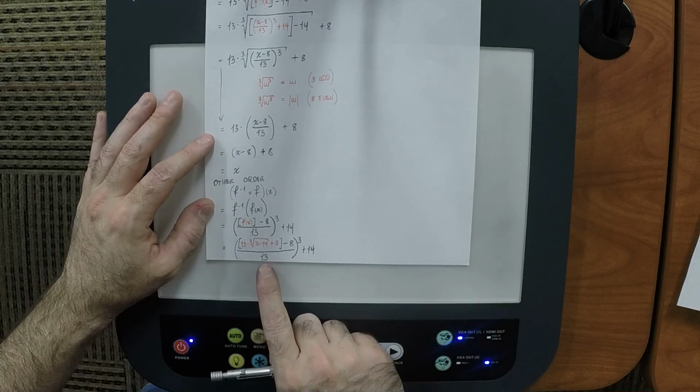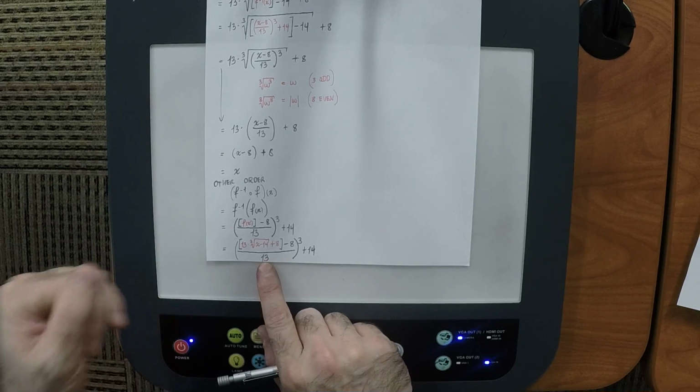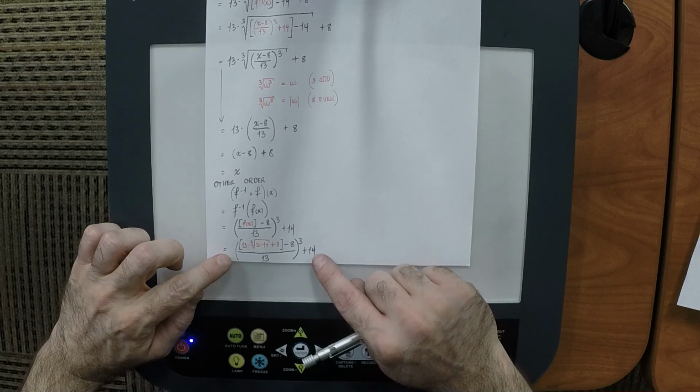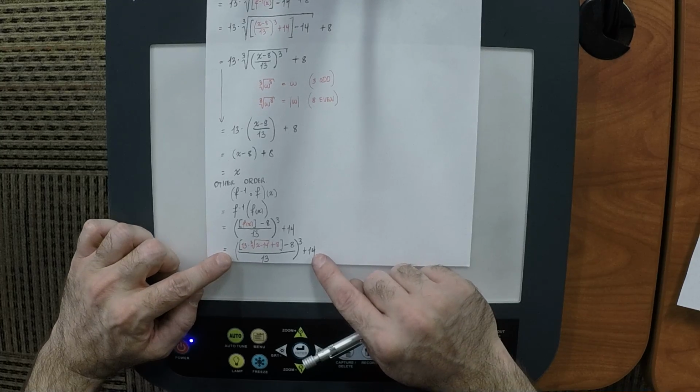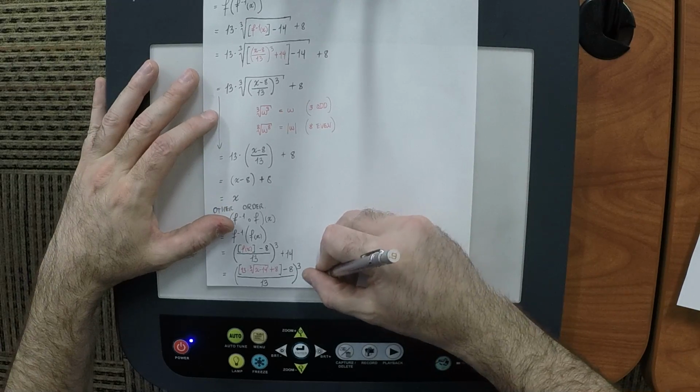So again, because we're alleging that this F inverse really is the inverse, what needs to happen from here on? Right. Should just cancel to x.